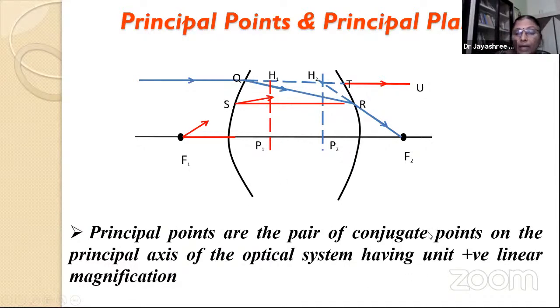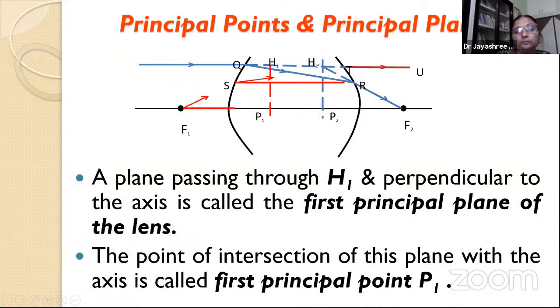So these are a pair of conjugate points on the principal axis, having unit positive linear magnification.